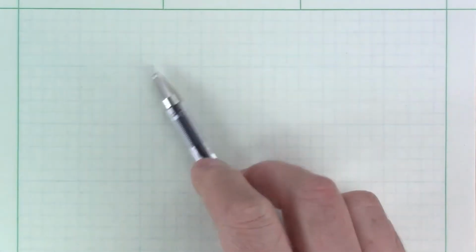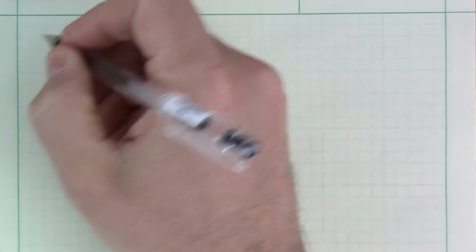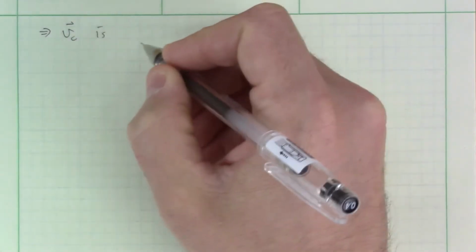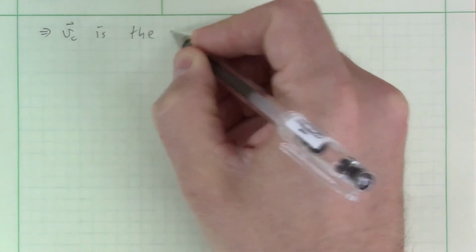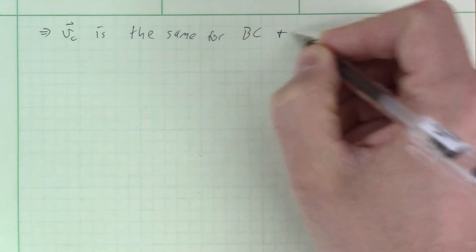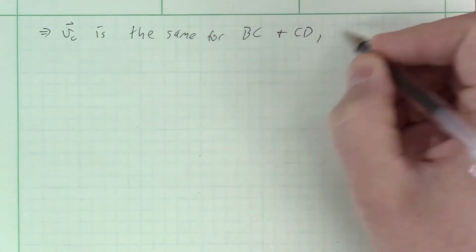All right, so lost focus here. There we go. Okay, now, let's spell this all out. Velocity at C is the same whether we're talking the BC element or the CD rigid body, right?